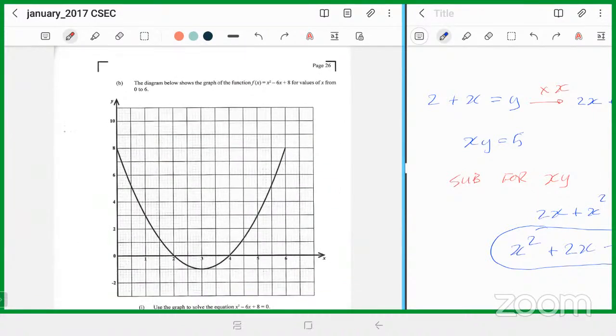So they give us this quadratic graph and they give us the function as well. And let's see what they're asking us, right? They give us x from 0 to 6. And why do they do that? They only need x values in this range because all the critical values fall in that range.